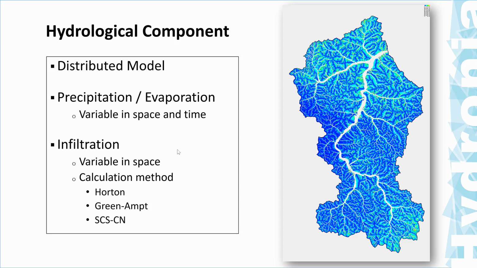Now, it's important to understand that the hydrologic component of River Flow 2D and Hydrobid Flood is meant to be used to model events. So it's not a continuous model.